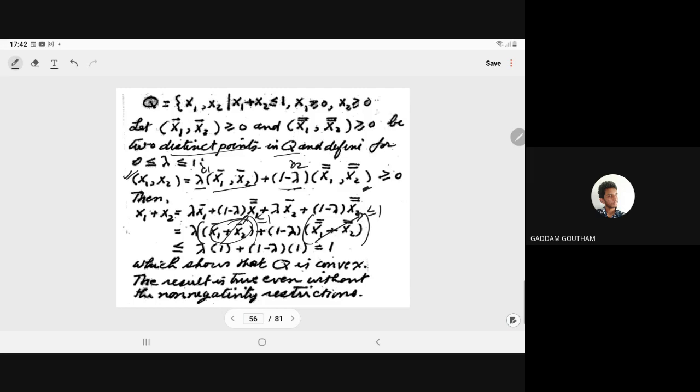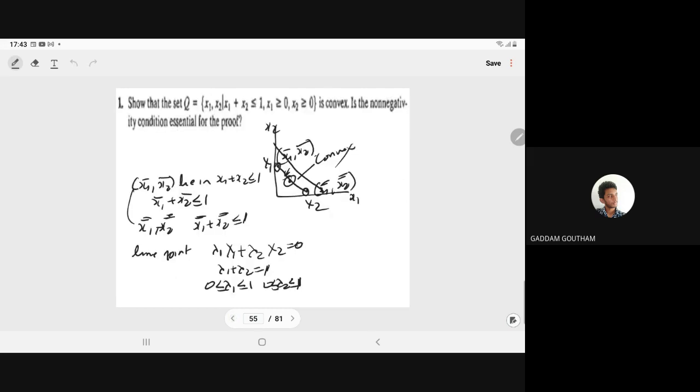So x1 + x2 ≤ 1. So we say that the line joining these 2 points completely lies in that set.